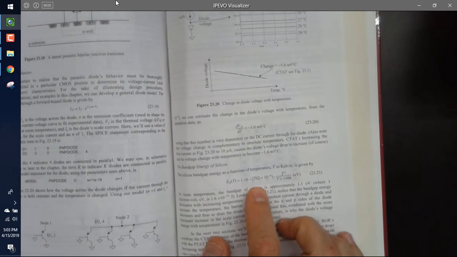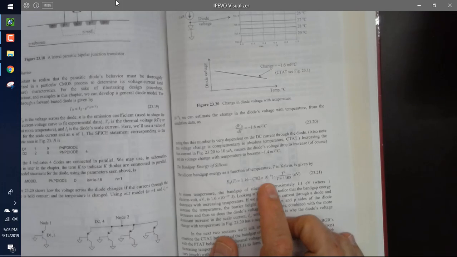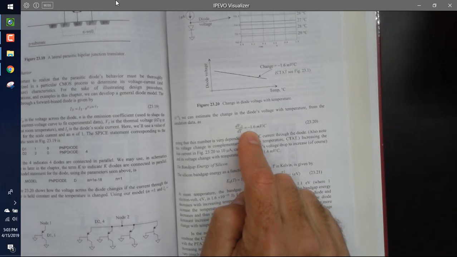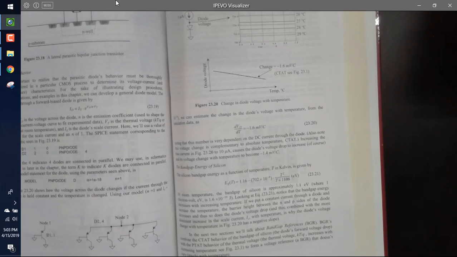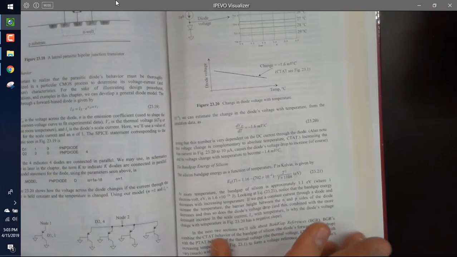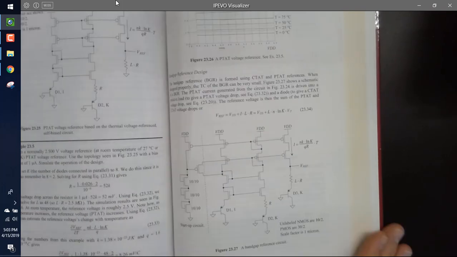The band gap energy of silicon will decrease with increasing temperature. And so we're using that fact with the diode to explain why the diode forward voltage drop is decreasing with increasing temperature, to design a reference which is independent of temperature, a band gap reference, okay? So just so you know what happens.